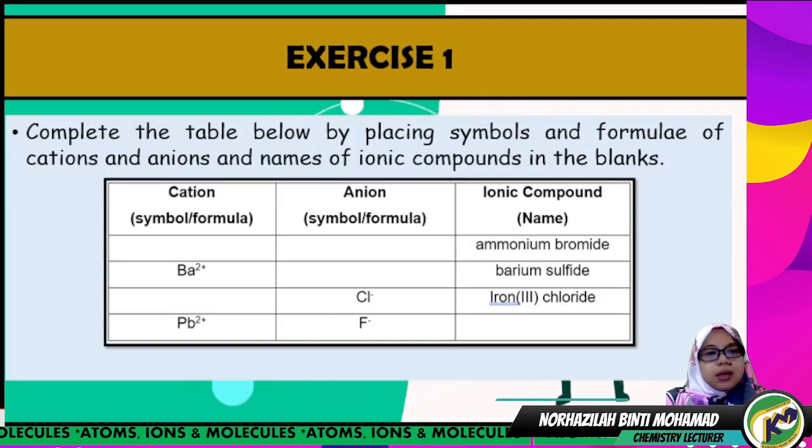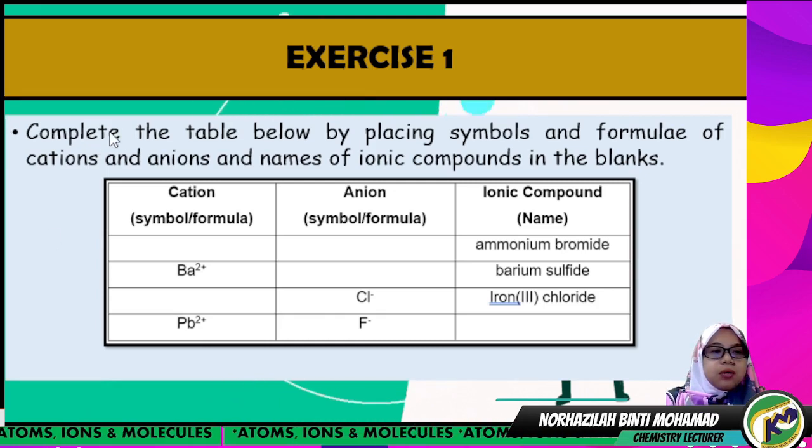Okay, so for exercise 1, the first one is to complete the table below by placing symbols and formulas of cations and anions and names of ionic compounds in the blanks. The first one is the cation and anion for ammonium bromide.